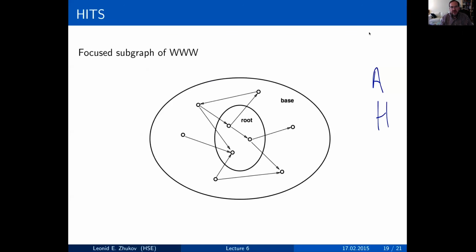And the focused subgraph Kleinberg defined the following way: taking the search query, sending it to the search engine, getting search results, extracting connections between those pages, expanding a little bit of that set by adding to the pages in the set that came back from the search engine nodes one step out, and then computing hubs and authorities.